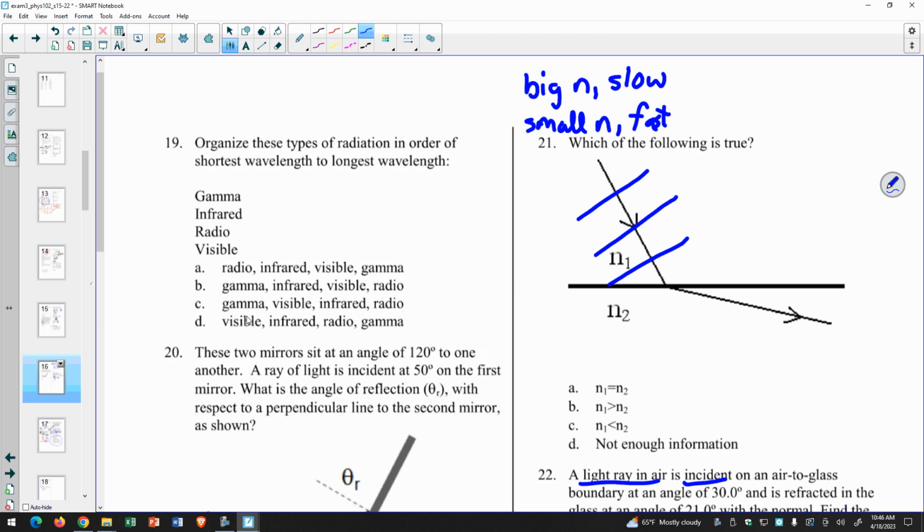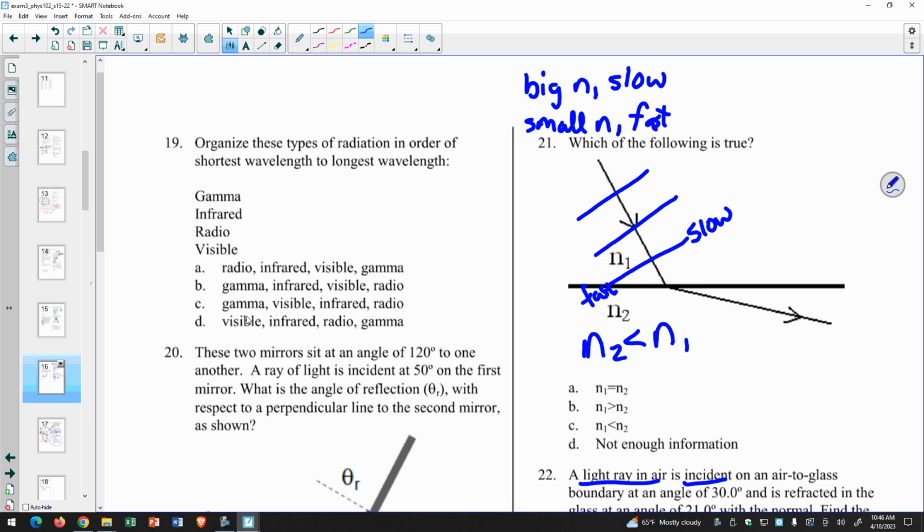Draw my wavefronts. In order to move in the direction that it's going, I need to travel fast in this medium while it's going slower in this medium. So N2 is faster than N1. That means that N2 is less than N1. It's faster, so the index of refraction is smaller.